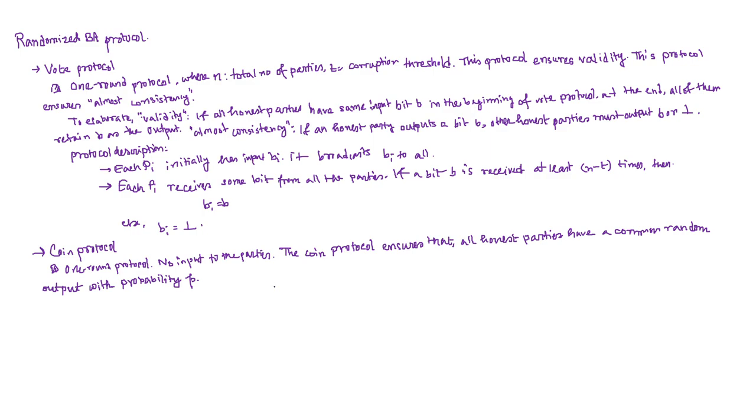Otherwise you cannot comment on the output of honest parties, but with probability p you can always say that all the honest parties have a common random output, which is unlike the case of vote protocol.